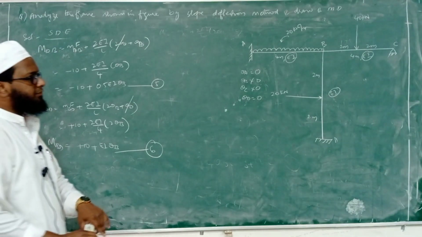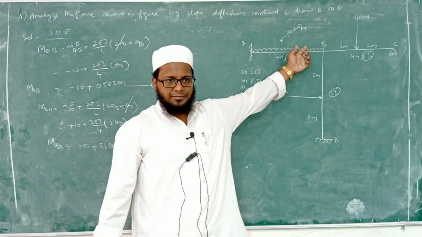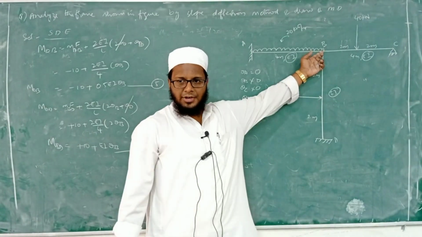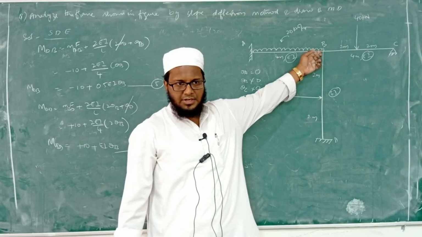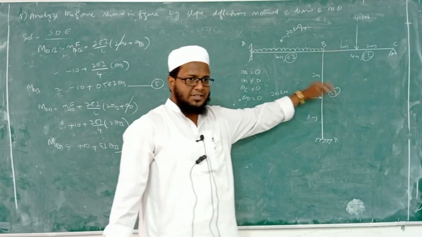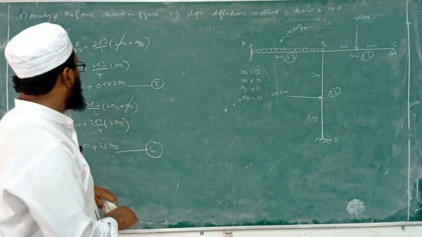So here in this problem, see here we have how many joints? We have one joint here. At this particular joint we have 3 members, isn't it? One is BA, another one is BC, and one more member is BD. So our equilibrium equations will go like this.